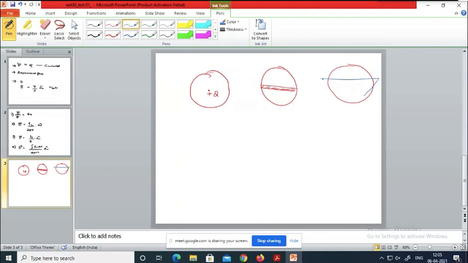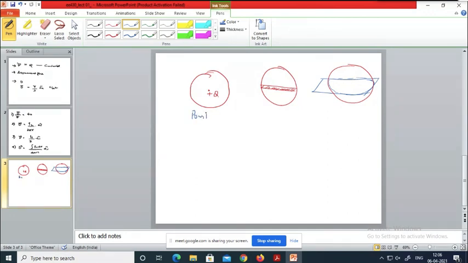So this is what we mean to say sphere. So here, a point charge is inside this sphere.